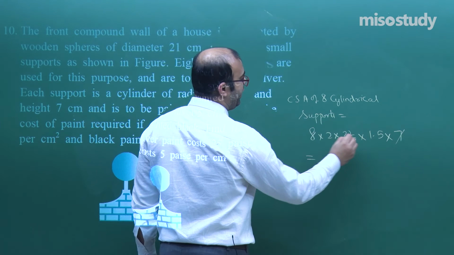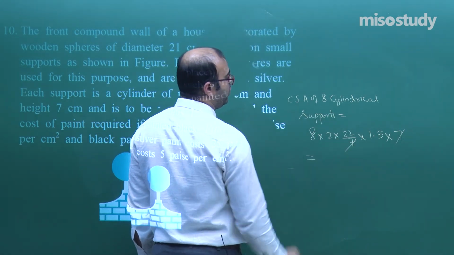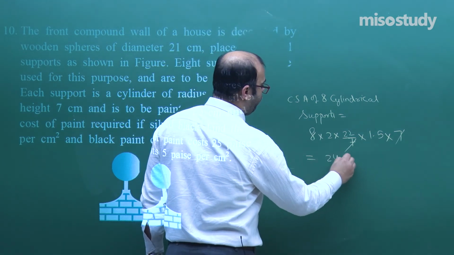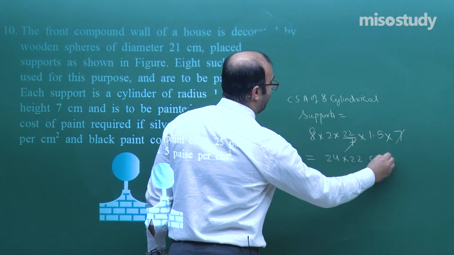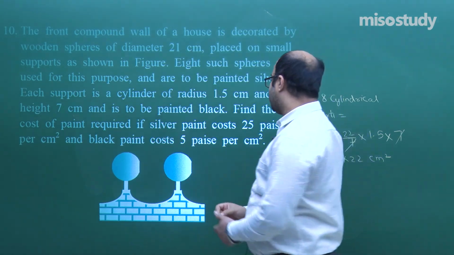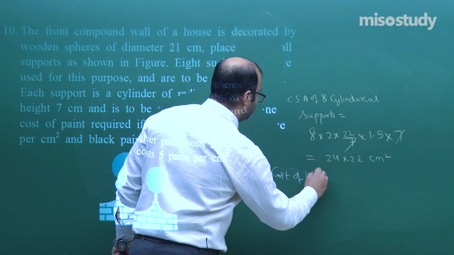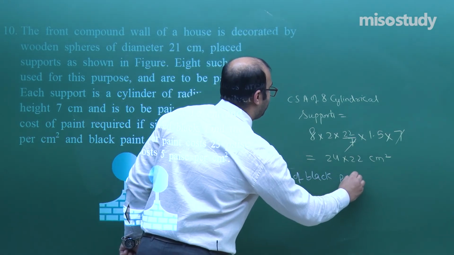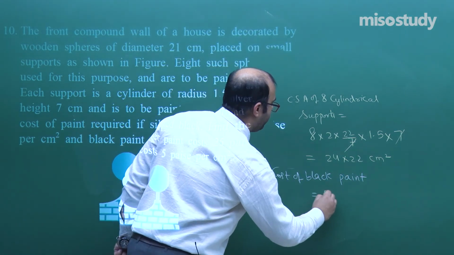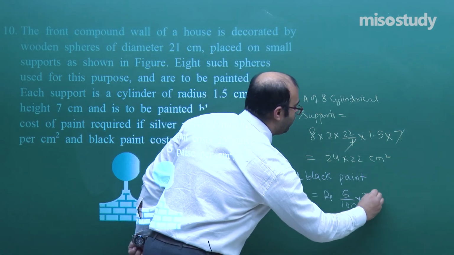Here it will become 8 into 1.5 is 12, and 12 into 2 is 24, 24 into 22 centimeter square. Now, the cost for the black paint is 5 paise per centimeter square. So, for the cost of black paint, let us change 5 paise into rupees, that is actually 5/100 rupees into 24 into 22.